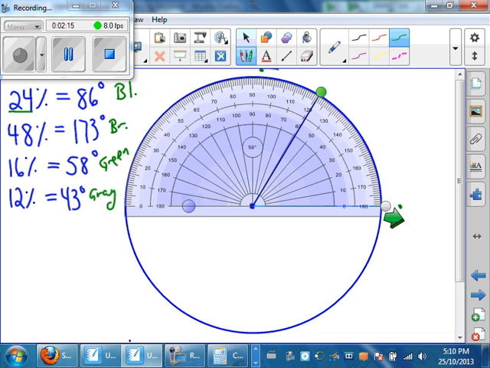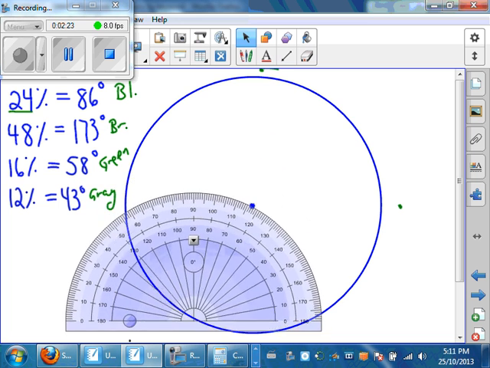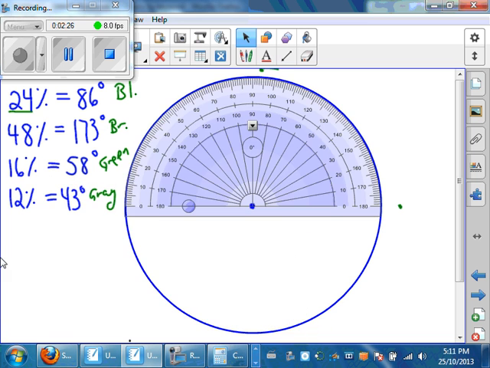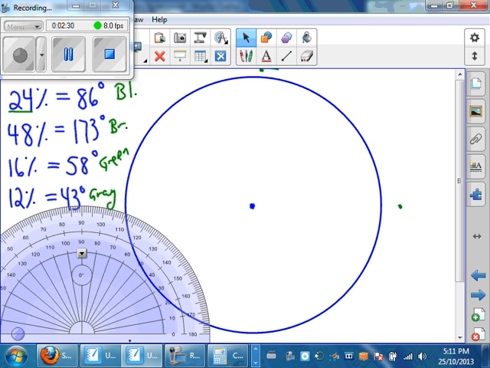Okay. Now I'm going to remove this, and I'm going to draw in a couple of lines. I'm going to move this out of the way for a second so that we can actually connect some lines here.